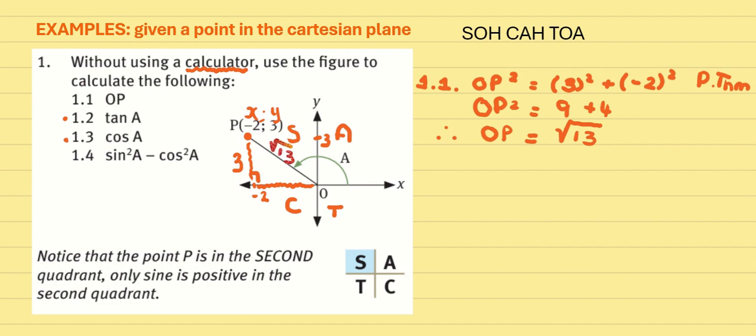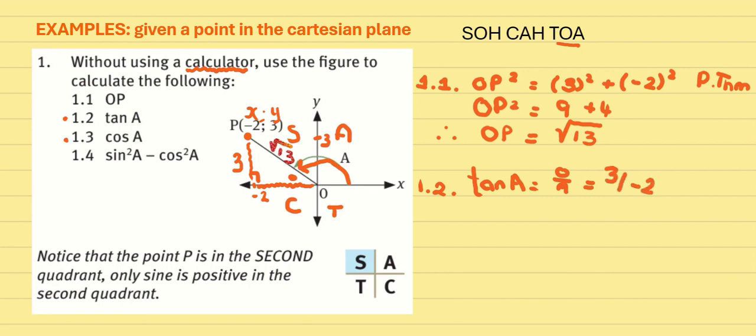And so the first one is for us to get tangent of A. Okay, so if you have a look, A is this angle here, right? But when we work it out, we look at it as though A is over there. Okay, so they want tangent of A. Tan goes with opposite over adjacent as per our acronym, and so therefore tangent of angle A is going to be opposite over adjacent, which according to our triangle is 3 over negative 2.